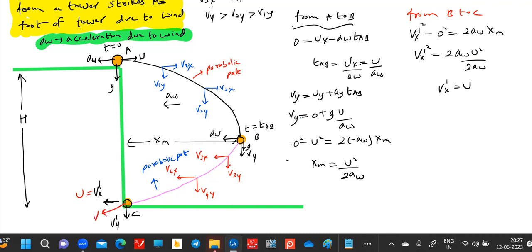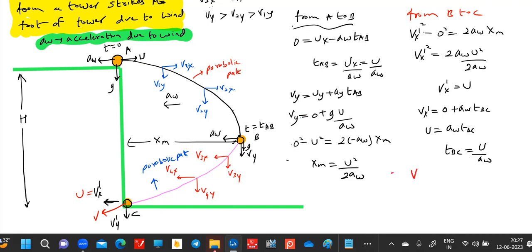So can we calculate what is Vy? For that, I think we need the time BC. How to calculate time BC? Yes, we can apply the formula Vx dash equals 0 plus AW TBC. Vx dash is u, so u equals AW TBC. The time taken to move from B to C will be the same thing: TAB should be equal to TBC.